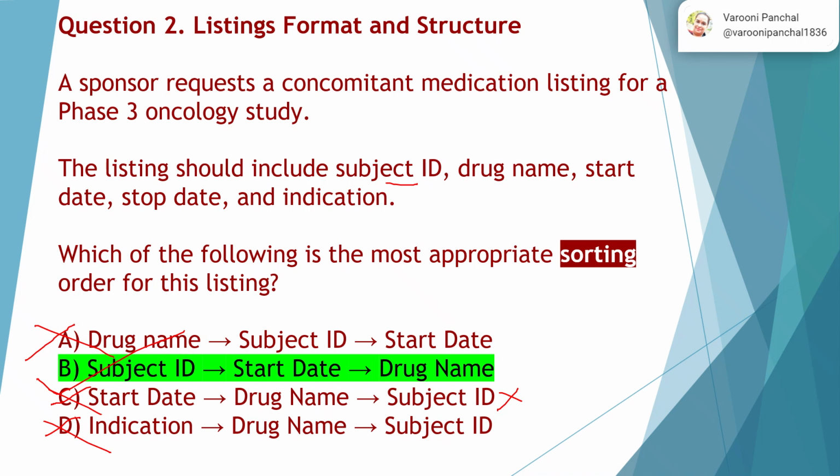I don't want the subject numbers to be repeated in different indications or different page numbers. In only one page, you will want to see the subject ID, start date and drug name. So with this kind of structure, it becomes very easy for the reviewer to review efficiently.